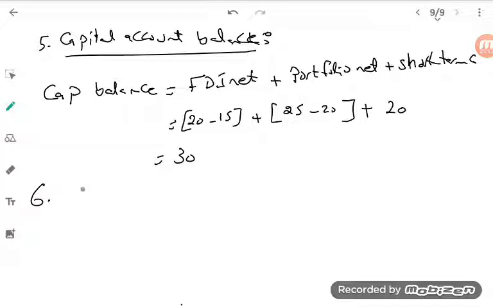Balance number 6, which is balance of payments, also known as non-official reserve balance.